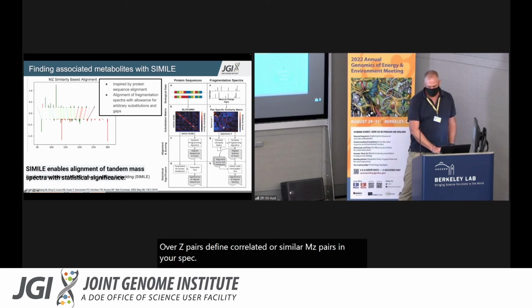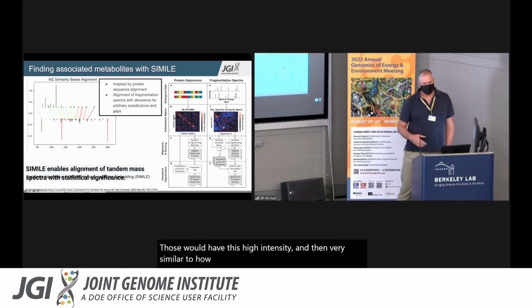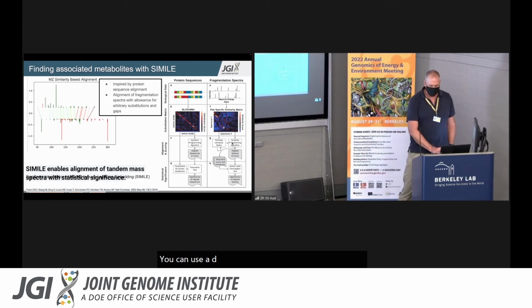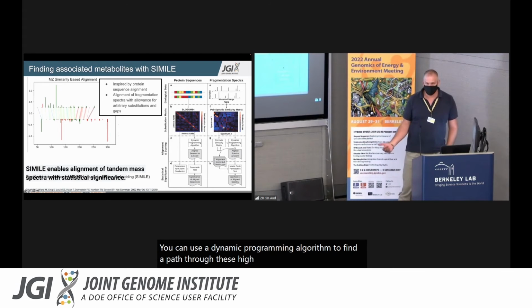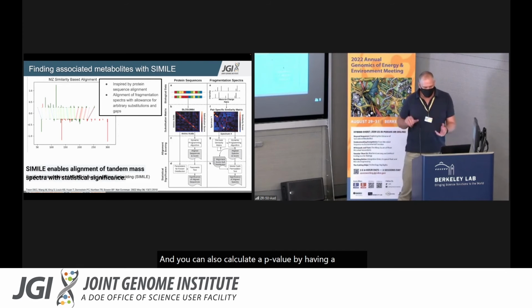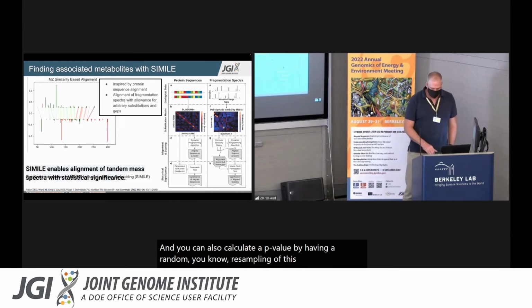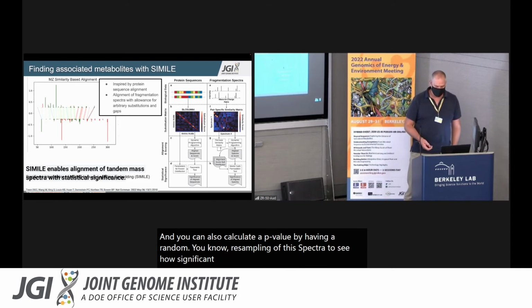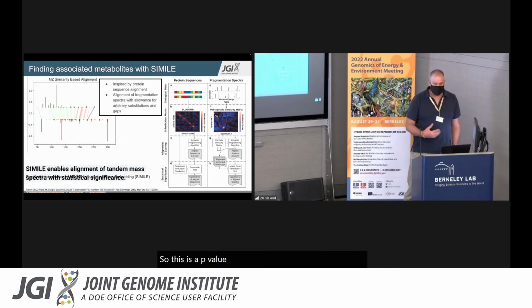Those would have high intensity. Then, very similar to how you'd use the substitution matrix for protein sequence alignment, you can use a dynamic programming algorithm to find a path through these highly similar scores of ions. You can also calculate a p-value by randomly resampling the spectra to see how significant this score and path are. So this is a p-value for an alignment.